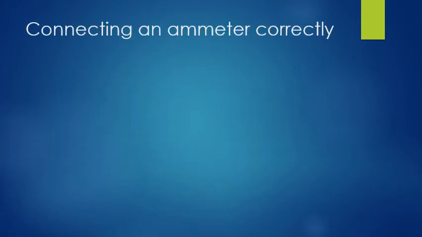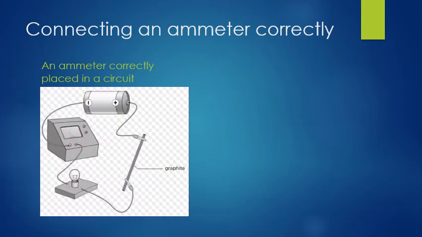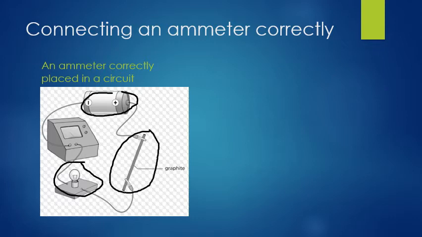So how do we connect an ammeter correctly? Here's a diagram of an ammeter correctly placed in the circuit. You can see that the circuit contains a battery here. It has a globe over here and a graphite rod here. This circuit could be testing to see if graphite actually conducts electricity.